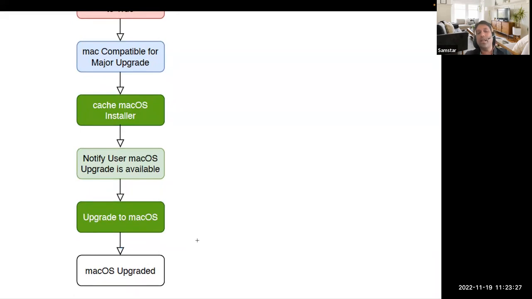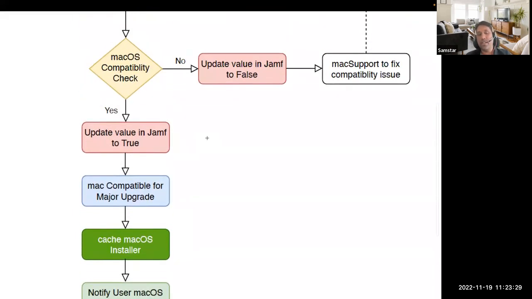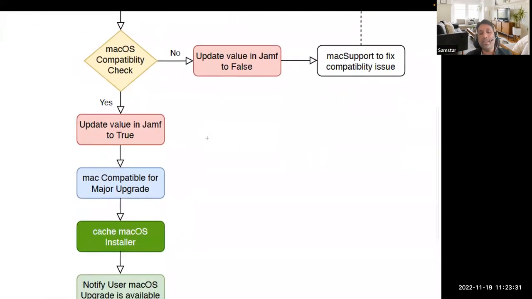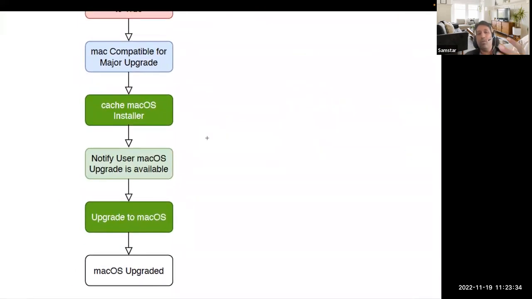So this is the traditional approach which we take. The good part is we are avoiding the download time, but with pros there are cons. The con is, as we are downloading the installer and uploading it to JAMF, imagine I did it today, so I downloaded macOS Ventura 13.0.1. After 1 month we will have macOS version 13.1.0.